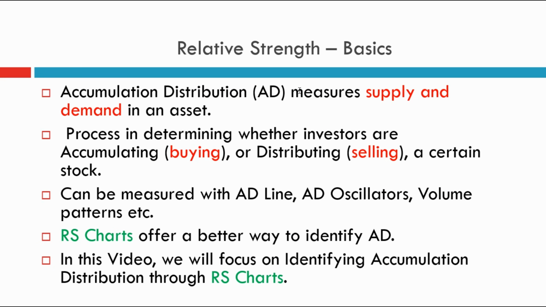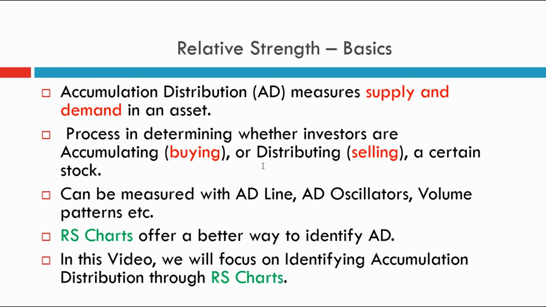So relative strength basically is used to measure demand and supply in a stock. Whenever investors or traders are buying a stock and it heads higher, that is called accumulation. At times, whenever the buying is happening, the stock may not head higher immediately. But that is where RS, that is relative strength, comes in and shows us which stocks are being accumulated and which are being distributed.